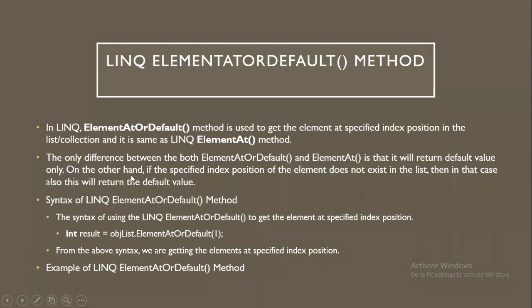If the specified index position of the element does not exist in the list, in that case it will return a default value. So this is the operator ElementAtOrDefault. We're getting the element at a specified index number, index number 1. OrDefault means the OR logic is used, nothing else. If the element is not present at the particular index, it will return 0.